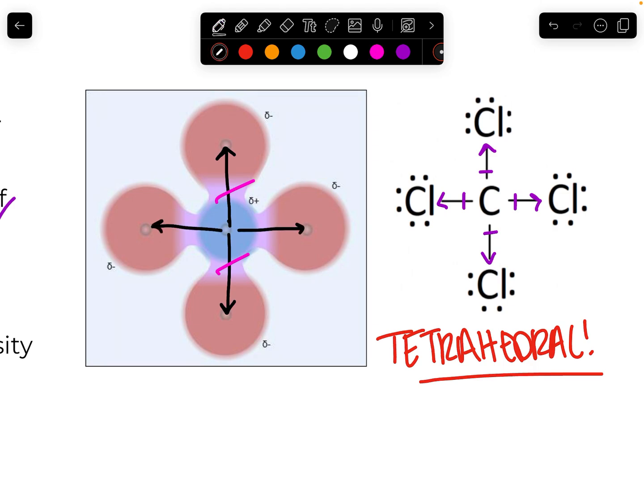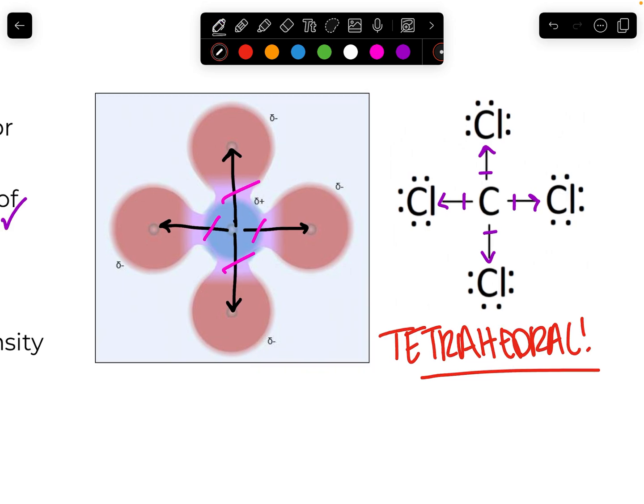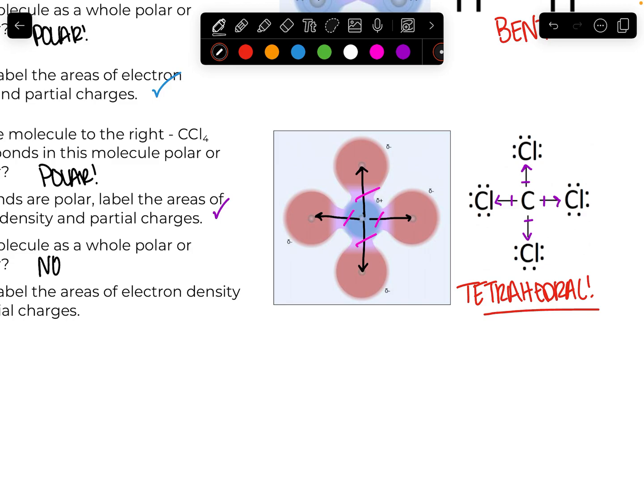This pulls to the right, this pulls to the left. Just in our Lewis structure again, we have to think about it in 3D shapes too. So those 2 things are going to cancel out. So what's happening with all of those forces that are pulling those electrons in different directions is that they're completely canceling each other out, which is causing this to become a nonpolar molecule overall.